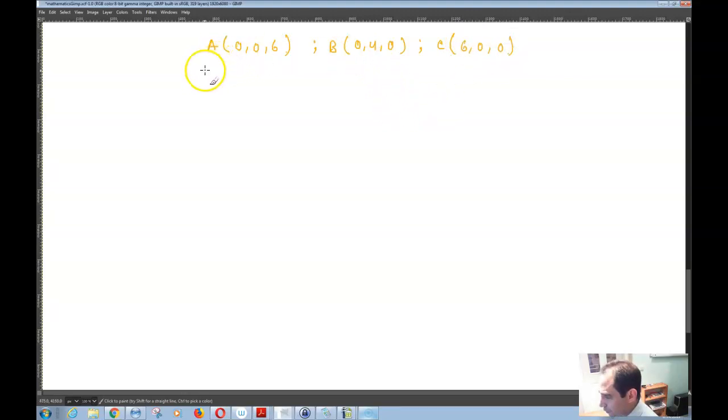These are the 3 vertices of a triangle ABC, and you want to find the lengths of the medians.